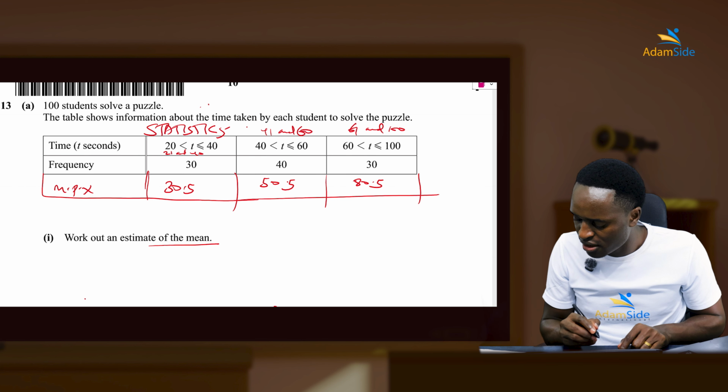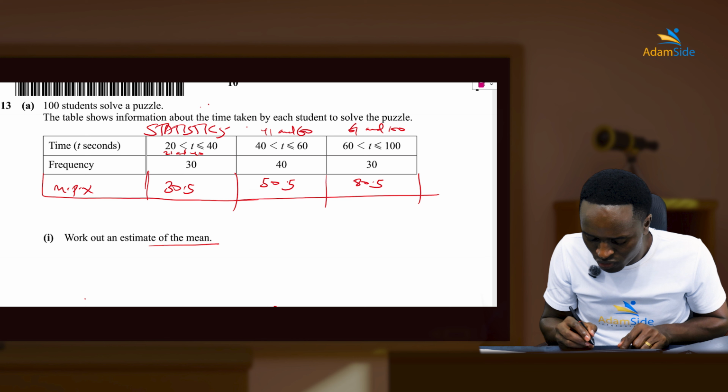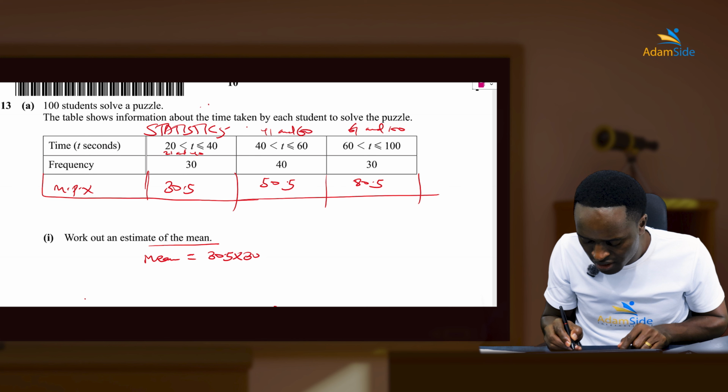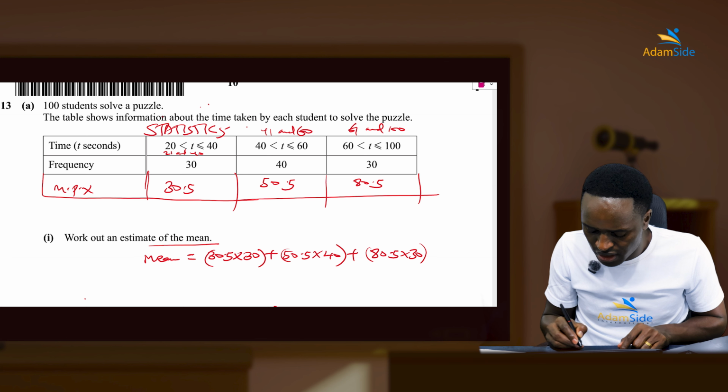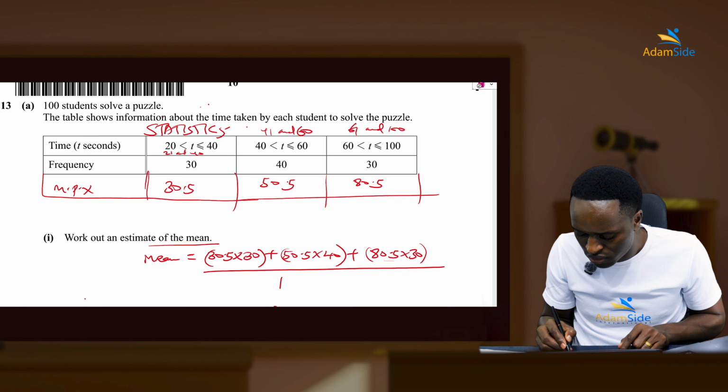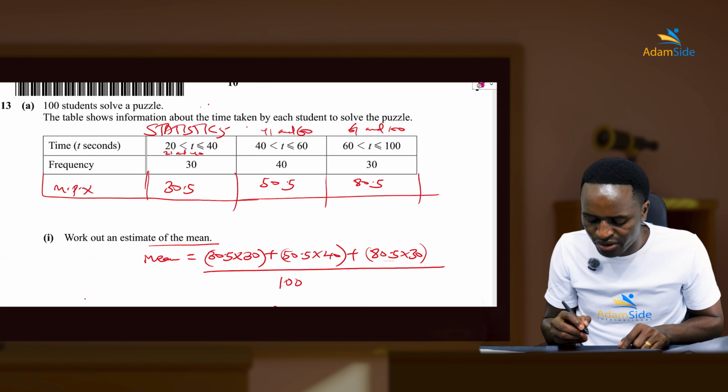After that, you multiply by the frequency to get the mean. Mean equals the midpoint 30.5 times the frequency, plus 50.5 times the frequency 40, plus 80.5 times 30, then divide by the total frequency, which is 100.